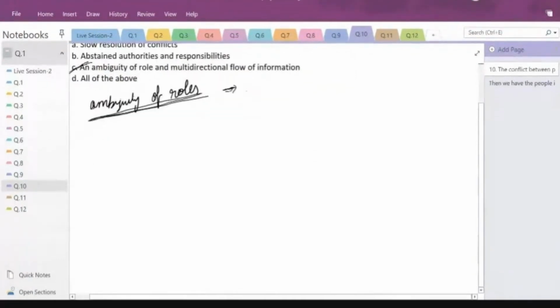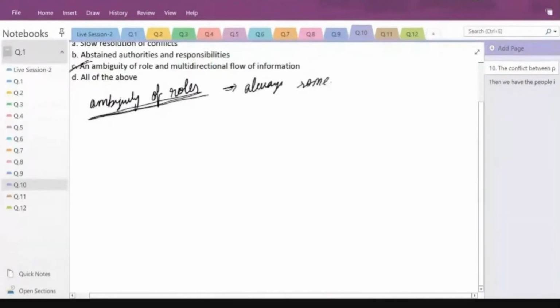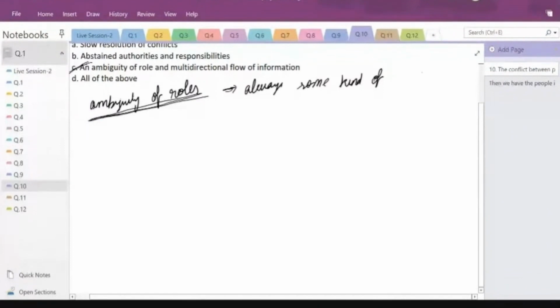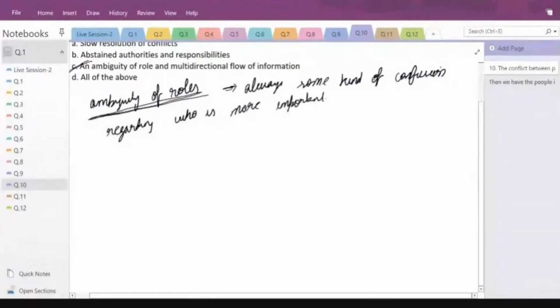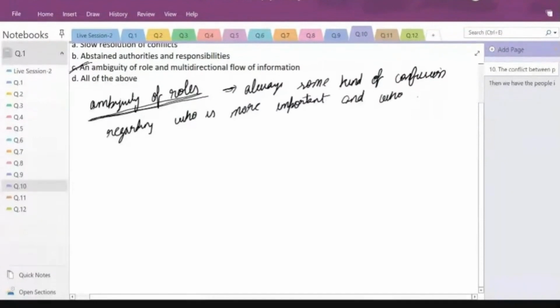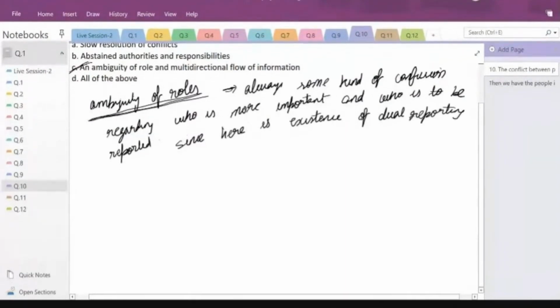This means always some kind of confusion regarding who is more important and who is to be reported to. Since there is existence of dual reporting, it leads to ambiguity of roles and responsibilities.